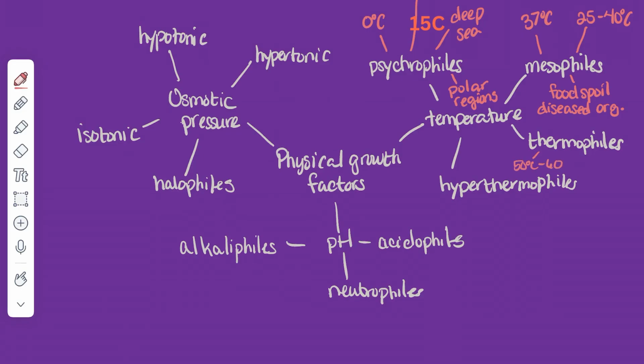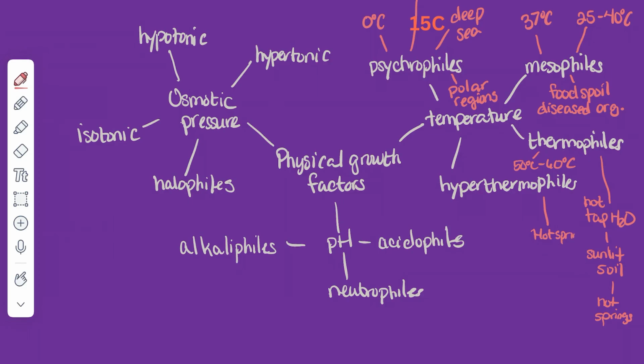Thermophiles. Their range is 50 to 60 degrees Celsius, and you can find them in hot tap water, hot springs, and sunlit soil. Hyperthermophiles.